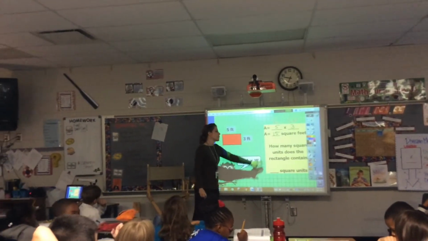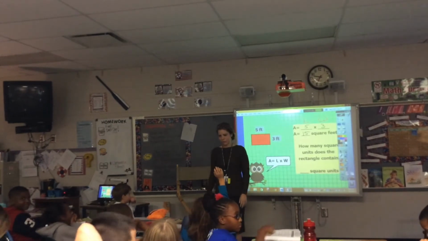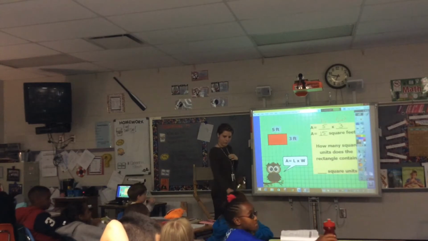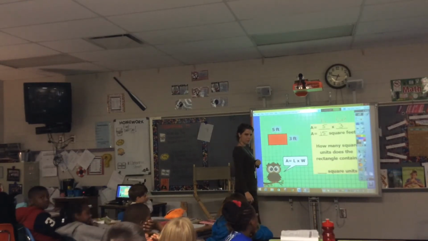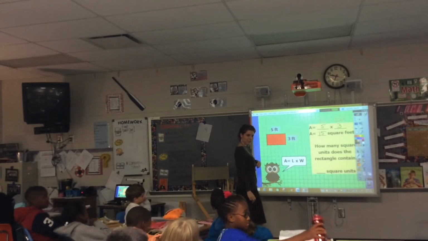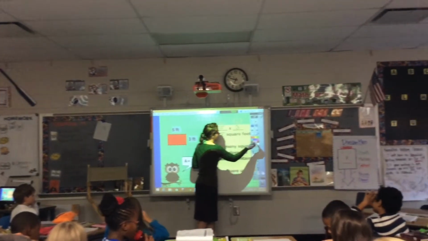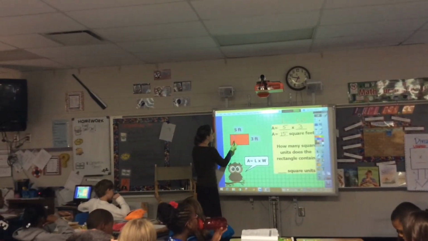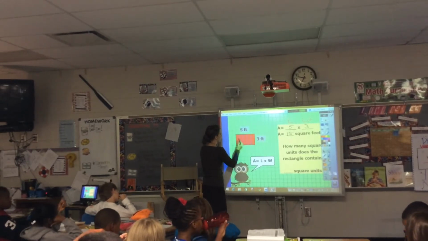How many square units does the rectangle contain? Carly. Not quite. And let me show you how to find that out. So say we are on a graph paper. We're just going to draw the lines just as it lays on the graph paper.